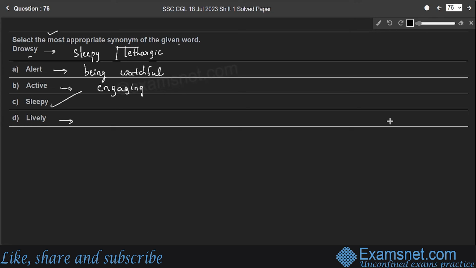Lively means full of life and energy, or active or outgoing. So lively means active and outgoing. So the synonym of the given word drowsy is sleepy, option C.